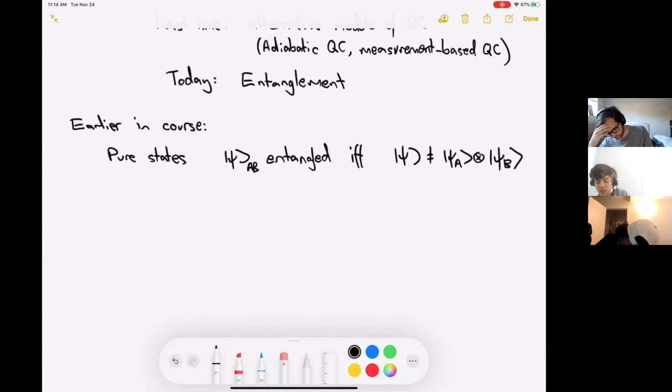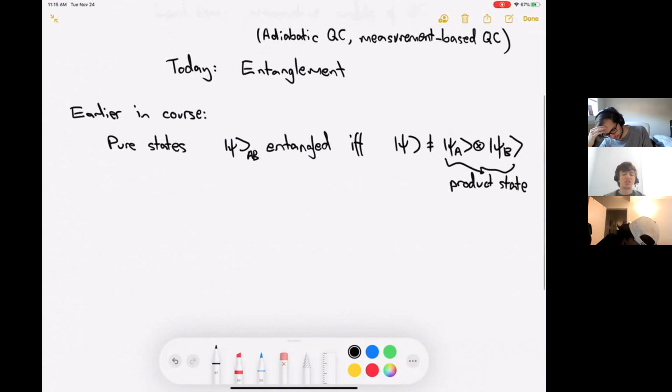So if a state can't be written as what's called a product state, a state on system A and a state on system B, then we say that it's entangled.